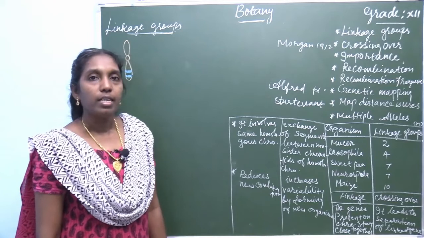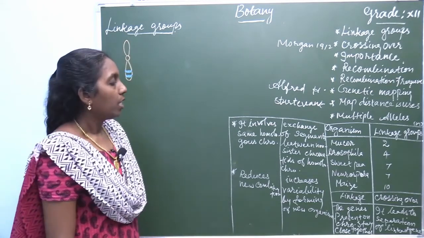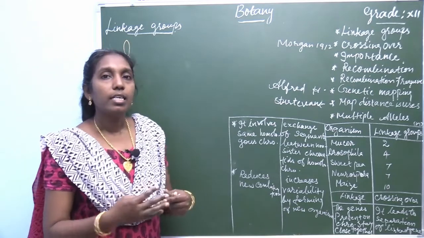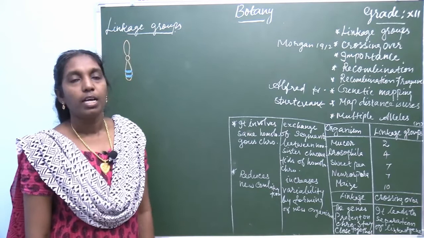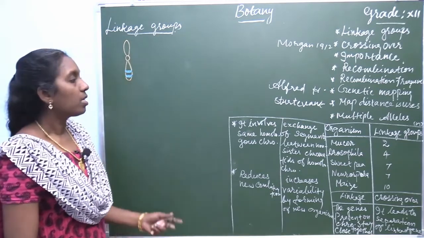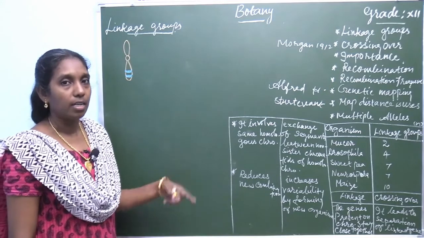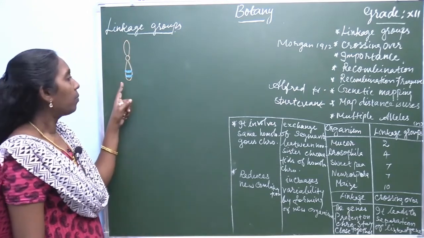Today, you will concentrate on the main topic, crossing over. Before that, linkage and crossing over are two different processes. There are certain differences between them. Linkage, you already learned in the previous class.